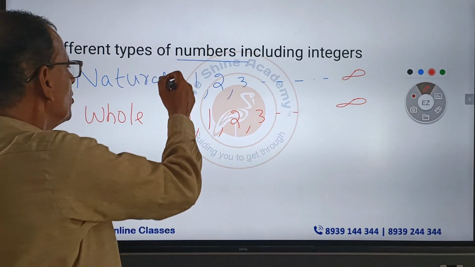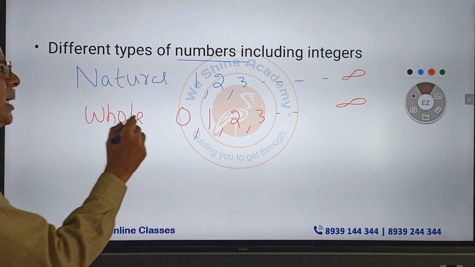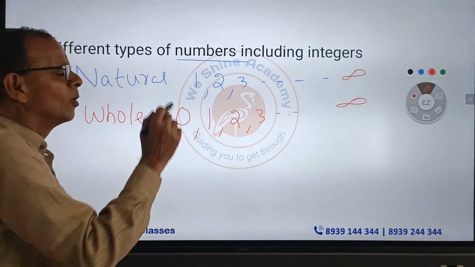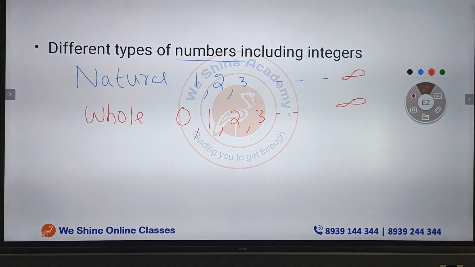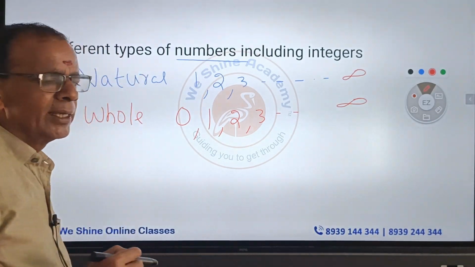But what is the difference between natural number and a whole number? 0 plus natural number is a whole number. Natural number la enna irukadu? 0 irukadu, that's all. Example, how will they ask? They will not ask what is a natural number.